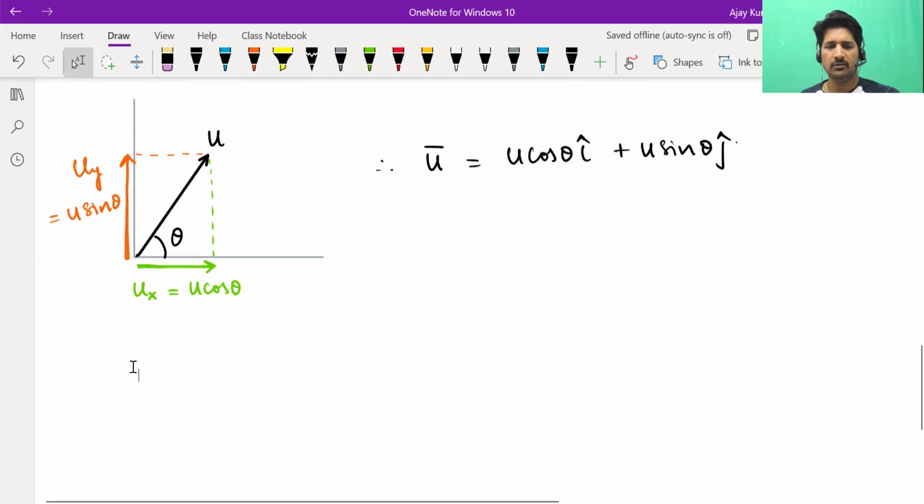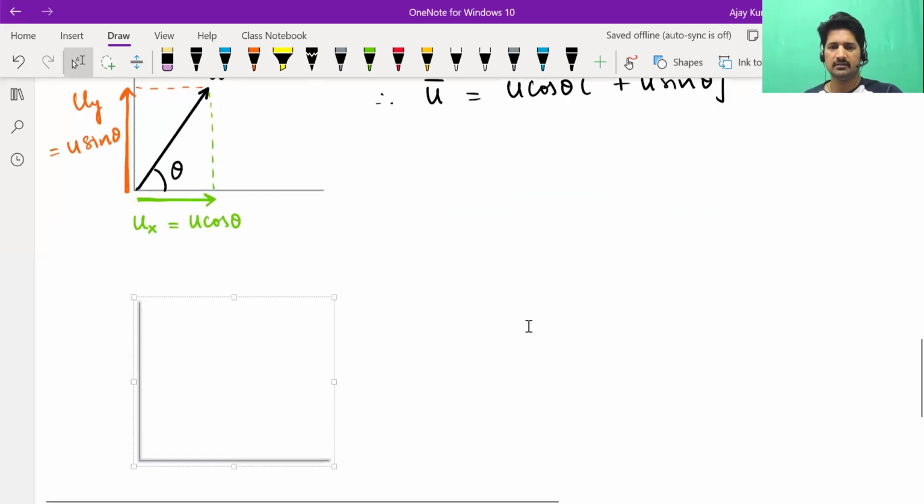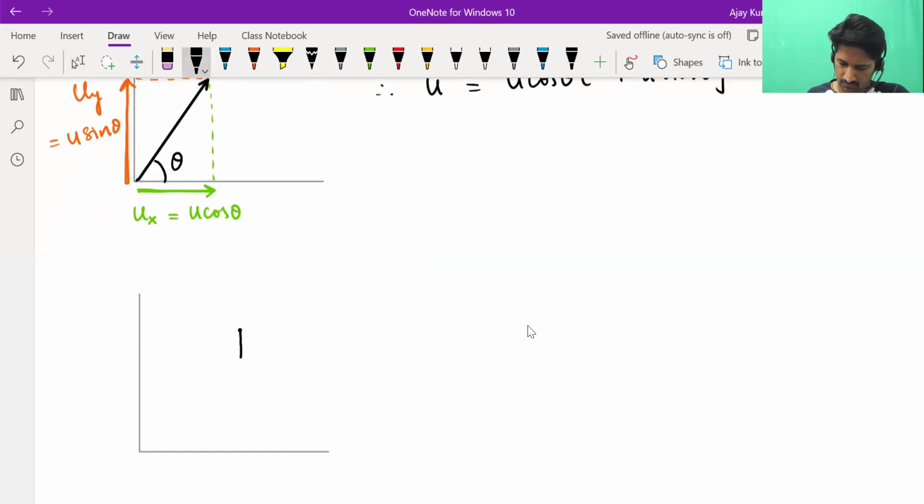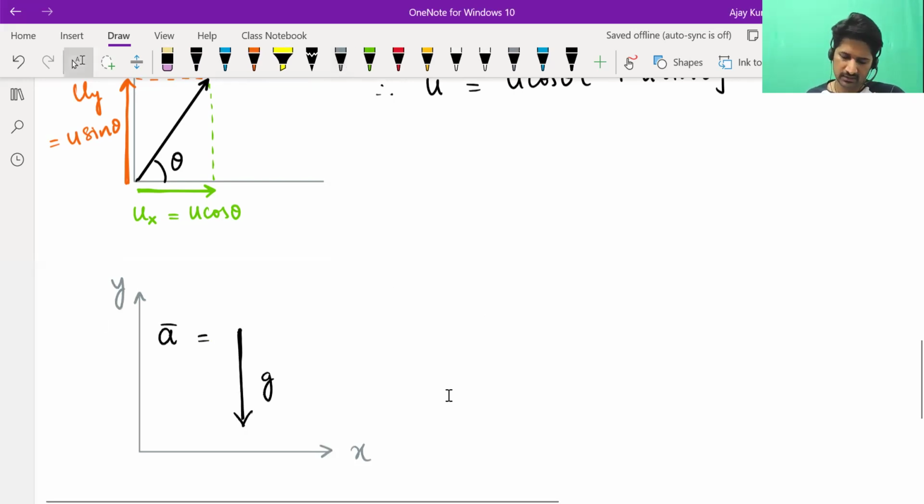That's fine. Next thing we need to do is write acceleration as a vector. Can one of you quickly tell me what acceleration this object has after being projected? Anyway, the answer has already been given. The acceleration after being projected is g downwards. Okay. Now we took horizontal direction as the x-axis, vertical upward direction as the y-axis, but gravity always is downwards.